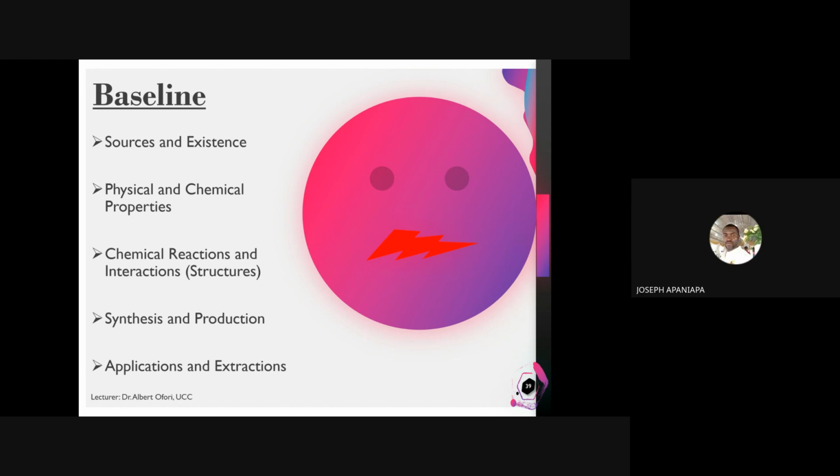We were just taught that reactivity increases down the group and decreases across the period. So it means an element in group 1 is expected to react more than an element in group 7, if I am right. So I want to find out if there are other factors that influence reactivity.